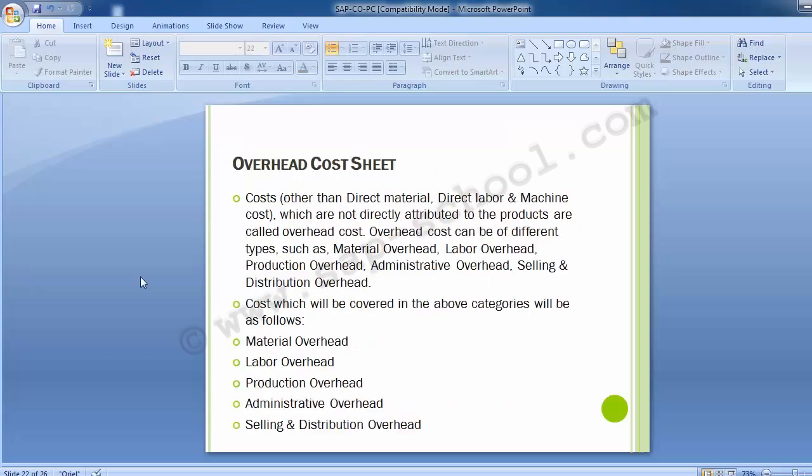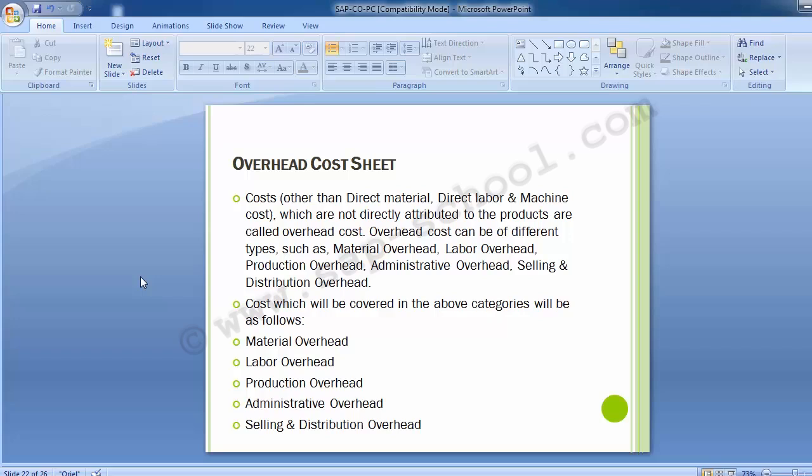So moving on to the overhead cost sheet, you must have been knowing about the cost sheet, how it works. In SAP, costs other than direct material, direct labor and machine cost, which are not directly attributed to the products, are called overhead cost.